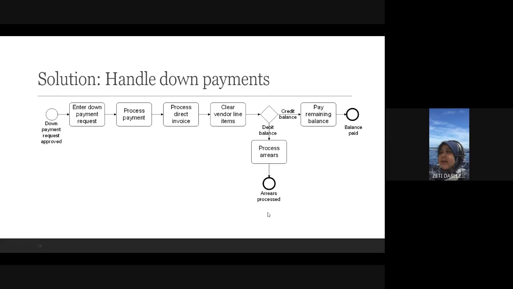So here is example, handle down payment, okay, kita ada activity, kita ada event start, down payment request approved, and then we have enter down payment, process direct invoice, clear vendor line, and then they have condition here whether it could pay by credit balance or debit balance, and then pay remaining balance and an event, balance paid, and process arrears and event here, arrears processed.